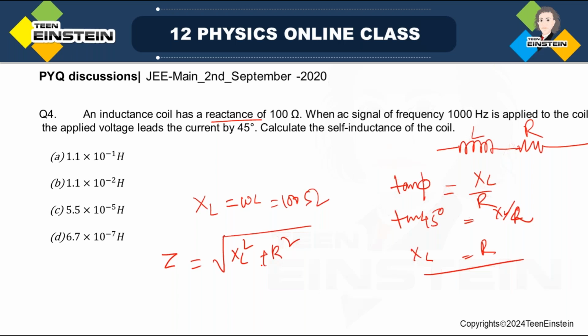I have to find out the self inductance. So here the question is, an inductance coil has a reactance of 100 ohm.